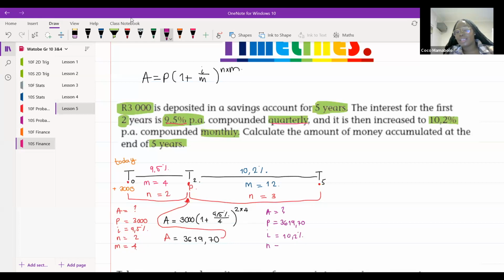Our N is 3 years because we're going from T2 to T5, and our M is equal to 12. So we punch all of that into our calculator. A is equal to 3,619.70, open brackets, 1 plus 10.2% over 12, close brackets, to the power of 3.